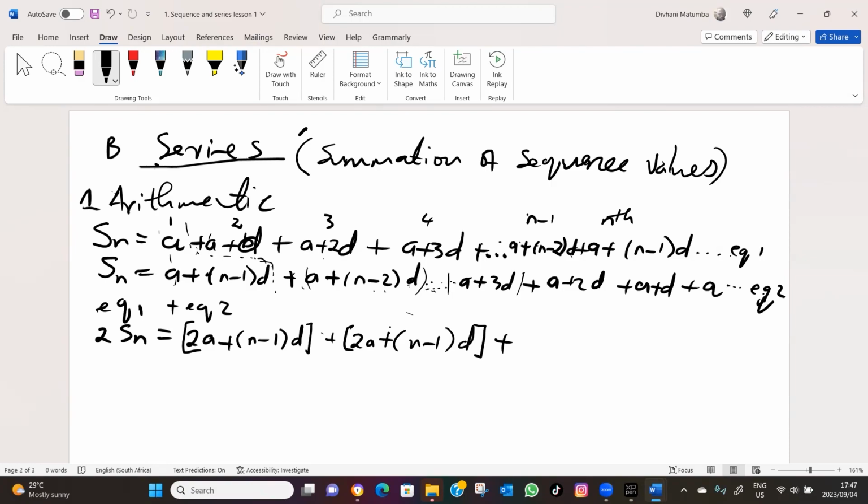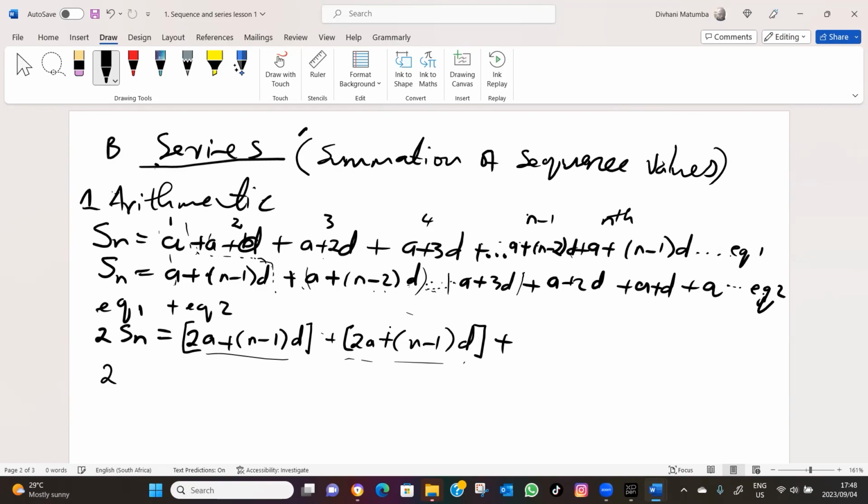This one was supposed to be added with one of the nth terms, but we don't have. But something that you will observe is that each and every time when you add these terms, you're always gonna get that.